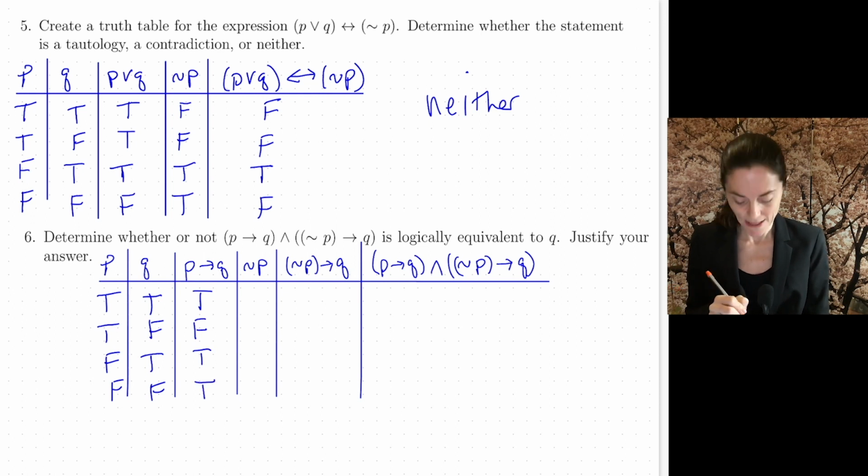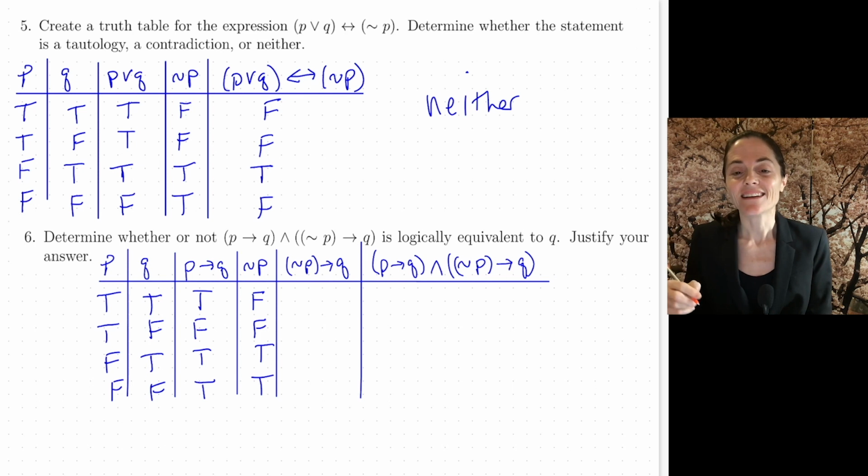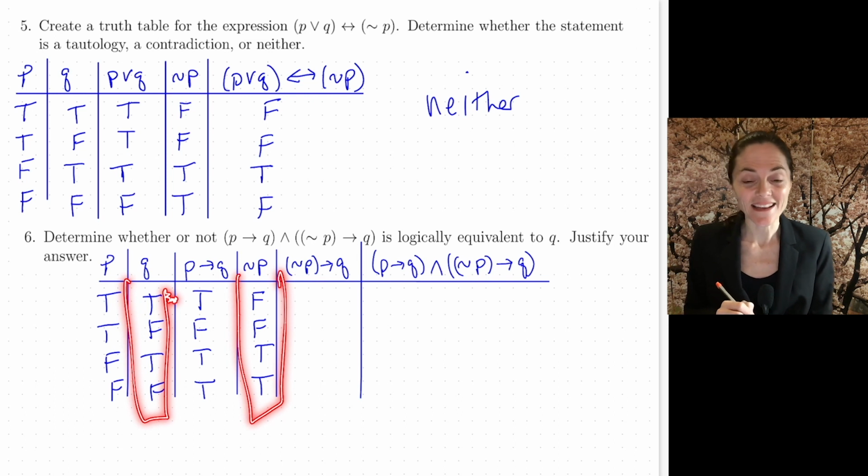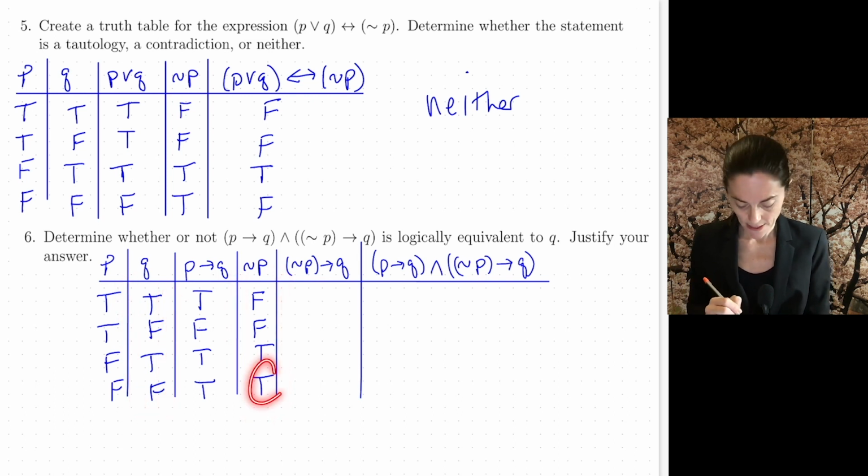Now we have not P, where we just flip all of the truth values for statement P. Now, we have another implication, but this time it's not P implies Q. And you see, we're looking for a T followed by an F. And that happens here, a T followed by an F. So this is false here, but in the other 3 rows, you see we have T followed by T or F followed by anything.